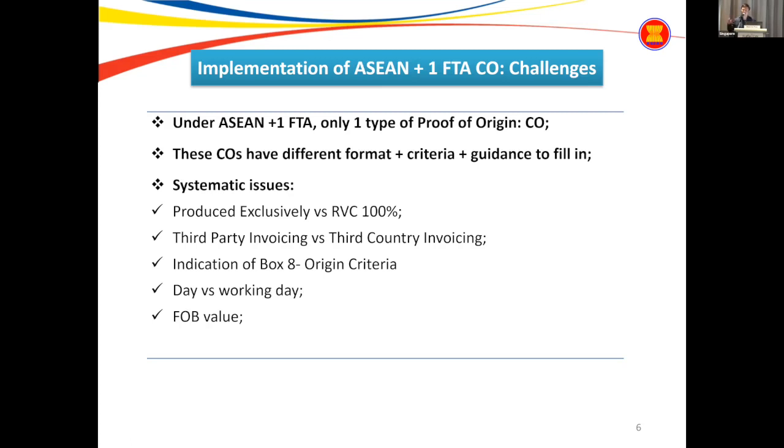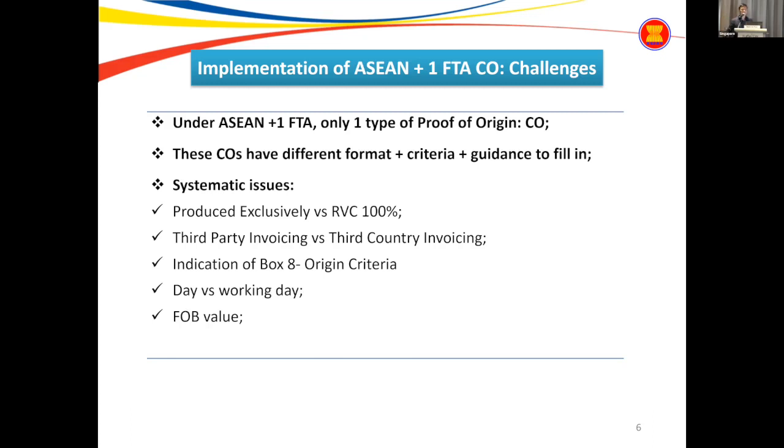Or even simple things like the indication in box 8 of the CO form. In the box, we have to indicate the origin criteria. If my goods are RVC 45%, what should I indicate? Because the rule of origin says it's the general rule of CTH or RVC 40. In some FTAs, they say you only indicate RVC, no number, because this good already passed the RVC criteria.